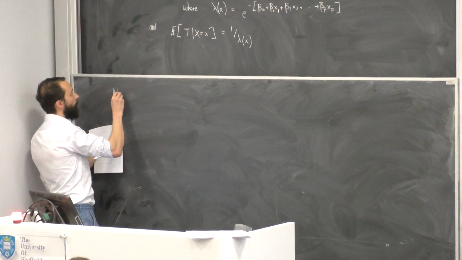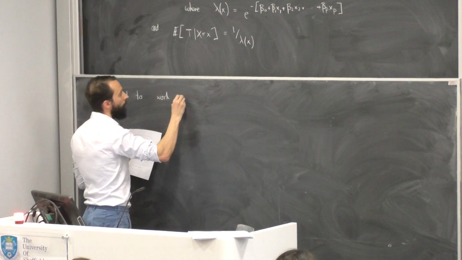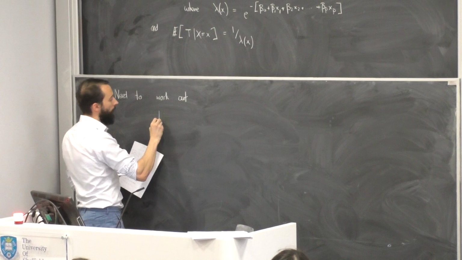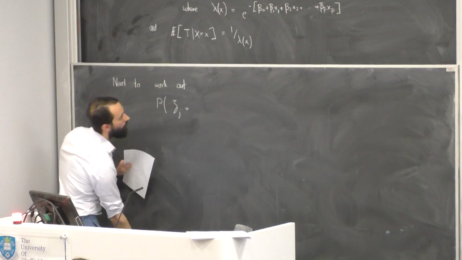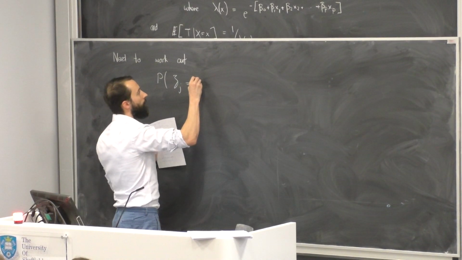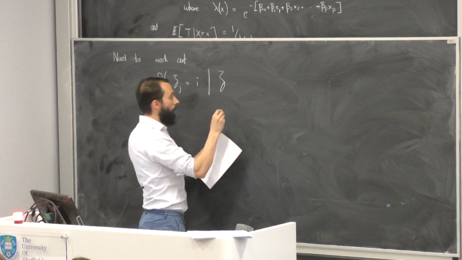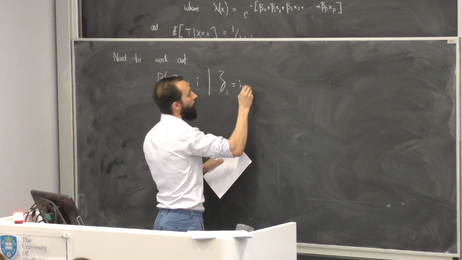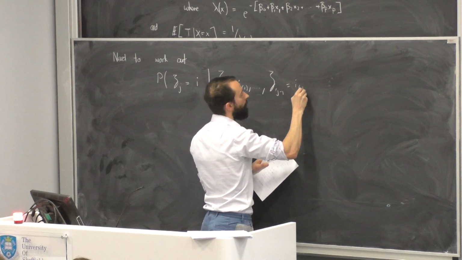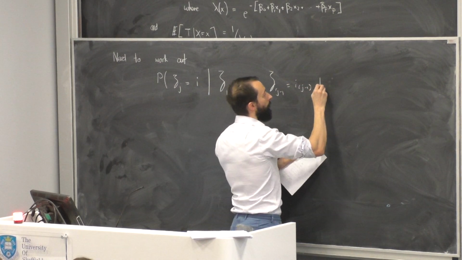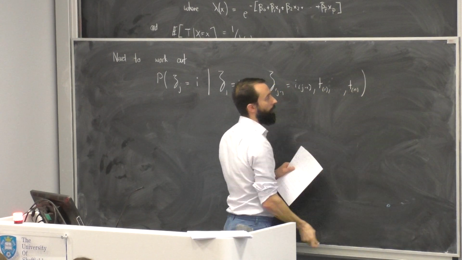So what we need to work out is the probability that the jth person to fail is equal to any particular individual, conditional on the stuff that's gone on beforehand and all of the failure times.